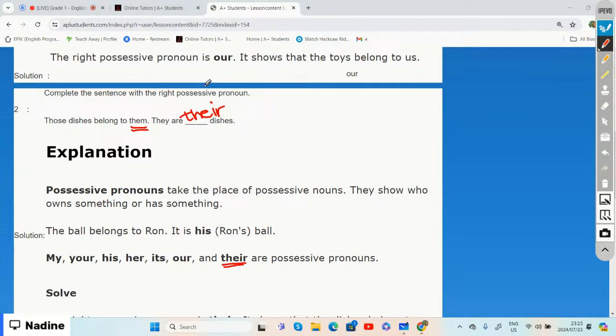So there is our right possessive pronoun, which takes the place of the possessive noun. All right. So there is our possessive pronoun.